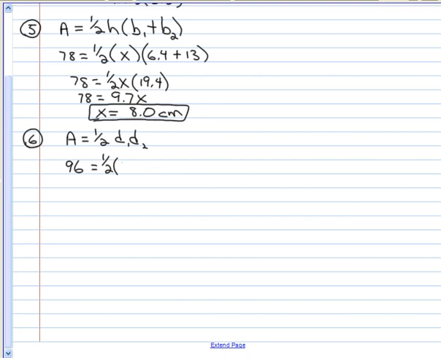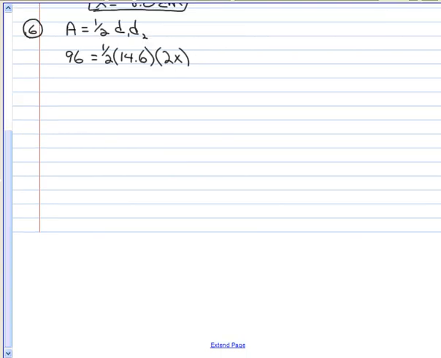Have to double that 7.3. And what is the other diagonal? 2x. So, well, this is nice. What's half of 2? 1 times 14.6 is 14.6x. So divide by your 14.6. Nearest tenth. 6.6 inches.